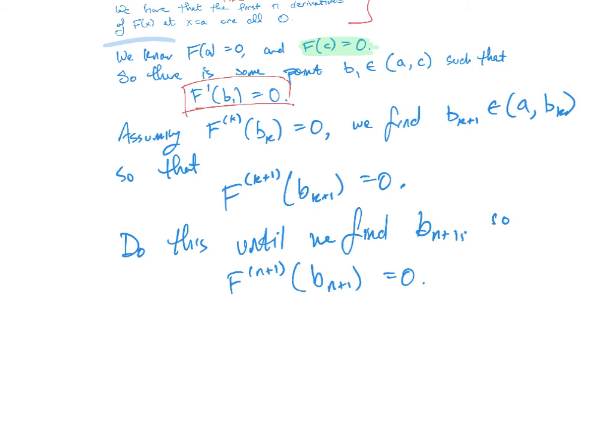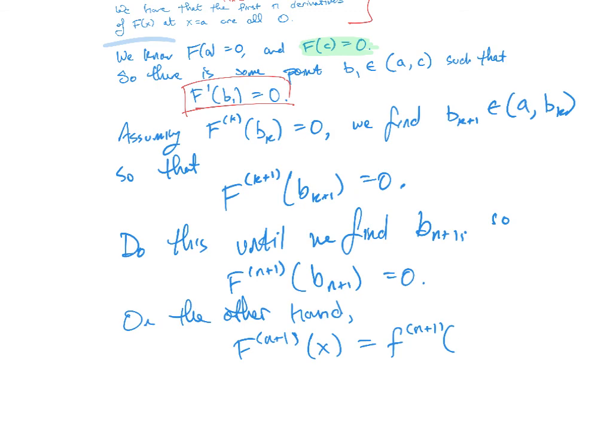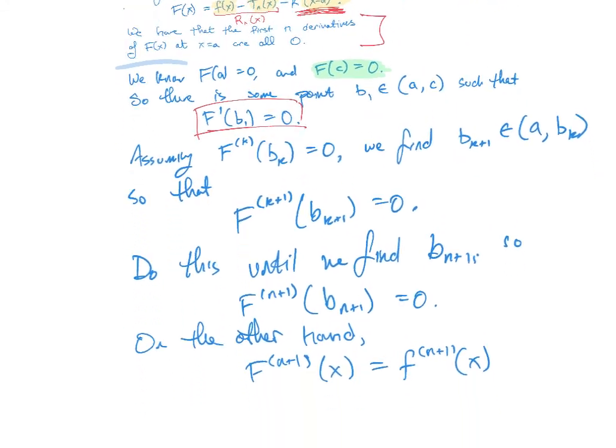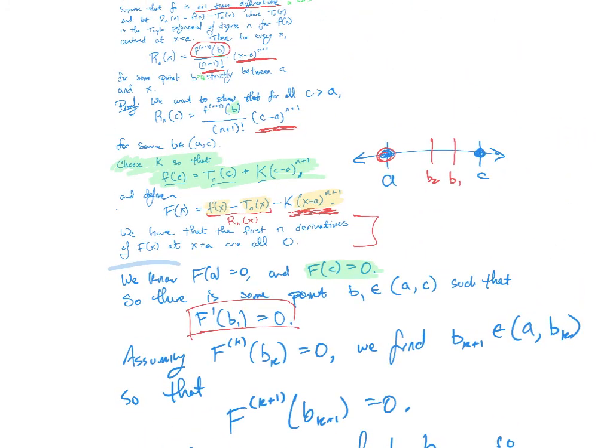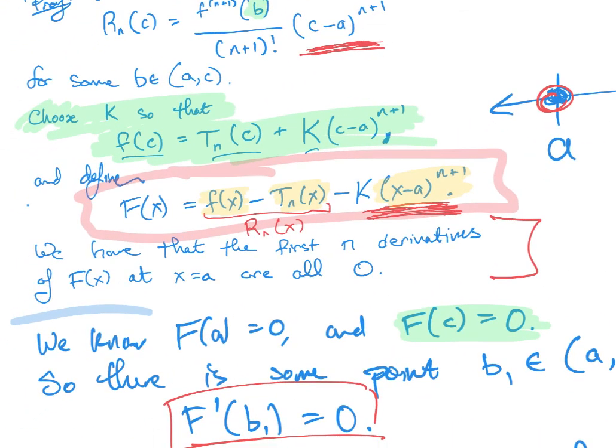Okay, but on the other hand, we know the n plus first derivative of capital F is the n plus first derivative of f. I'm going to scroll back up to our definition of capital F. Okay, we take an n plus first derivative of that, we'll get the n plus first derivative of f.